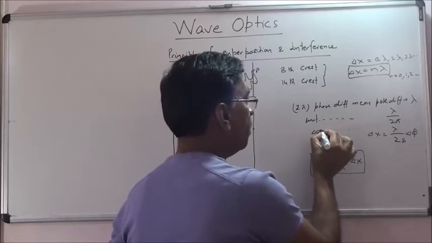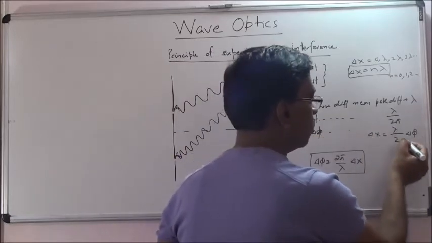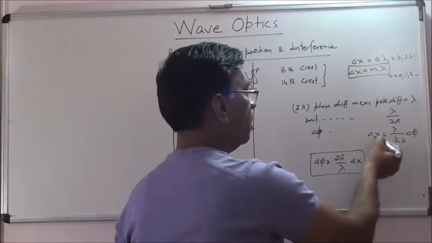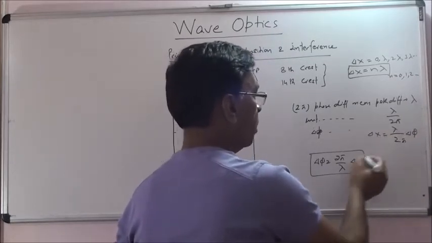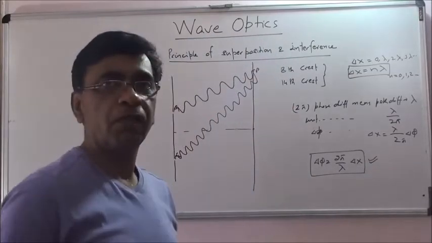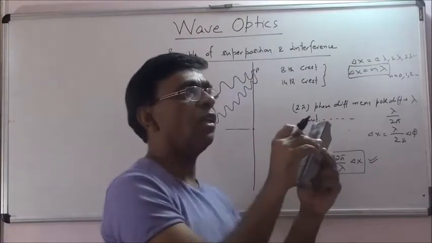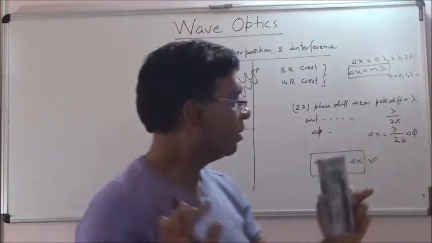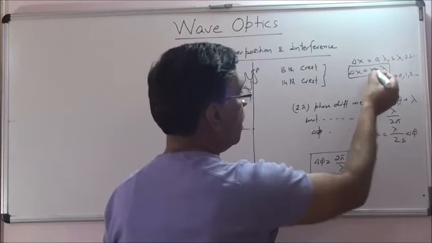So del phi phase difference means a path difference of lambda by 2 pi into del phi. Or phase difference is 2 pi by lambda into del x, 2 pi del x upon lambda. So this is how we can relate path difference and phase difference, with 2 pi corresponding to lambda.